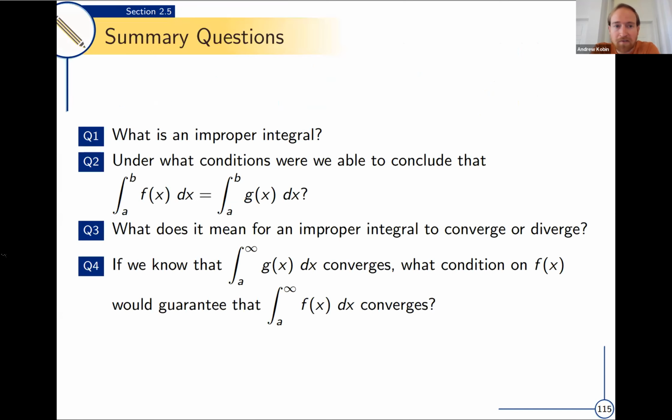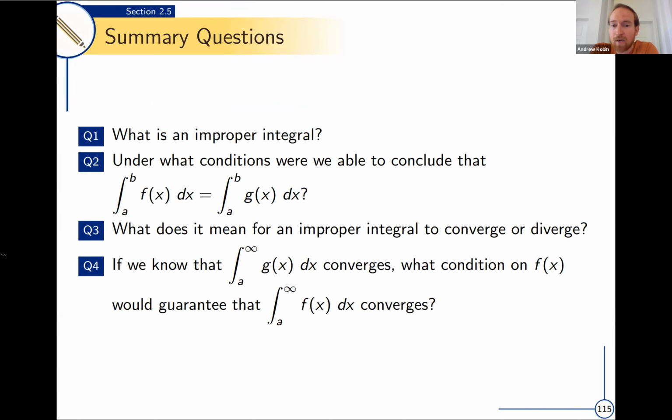So here are some summary questions to think about. First of all, what is an improper integral? We've given a few examples in this lecture video, but see if you can come up with a concise description of what it means to be an improper integral. Second, under what conditions do we have an equality between the integrals of two functions over the same x values, a to b?